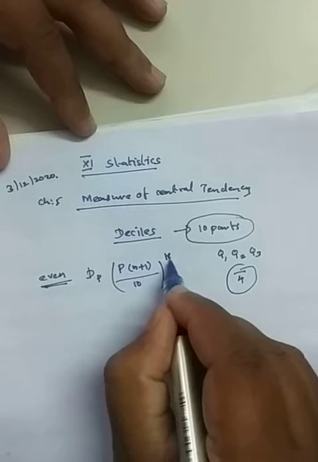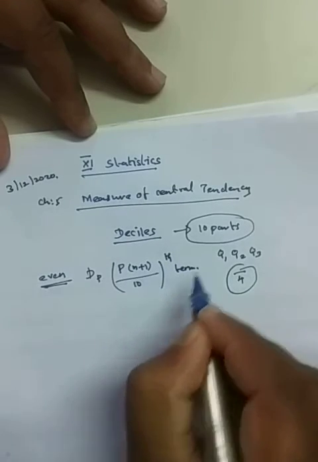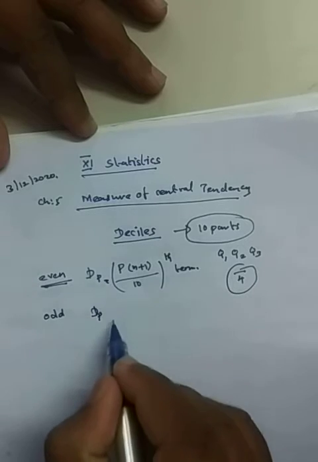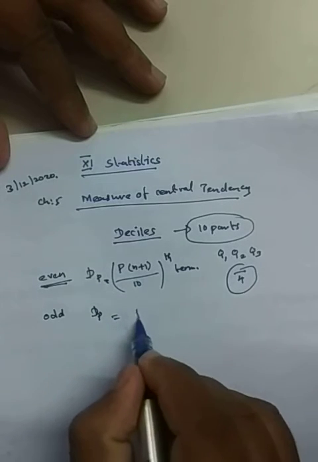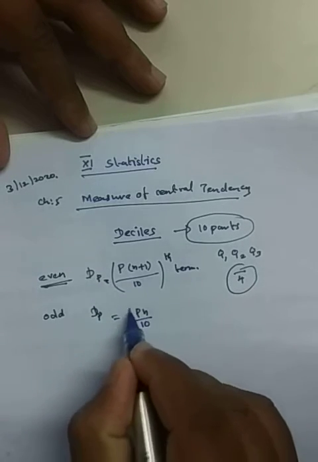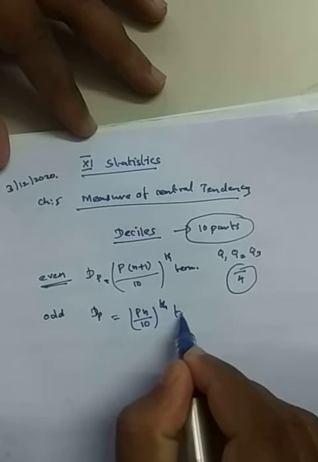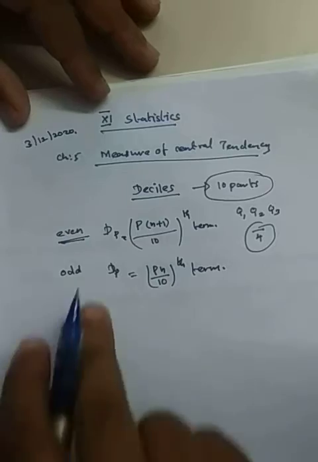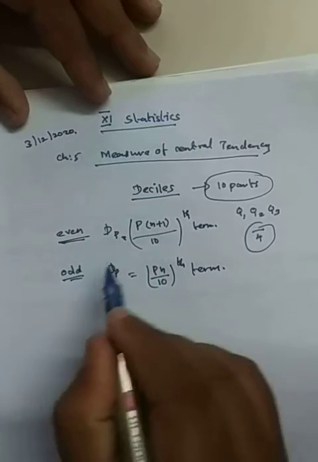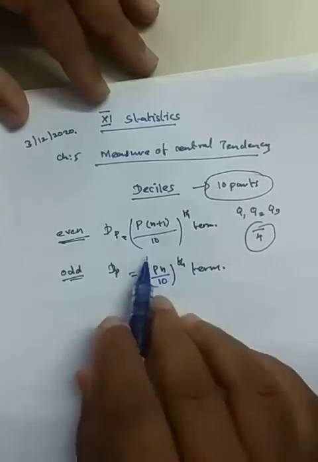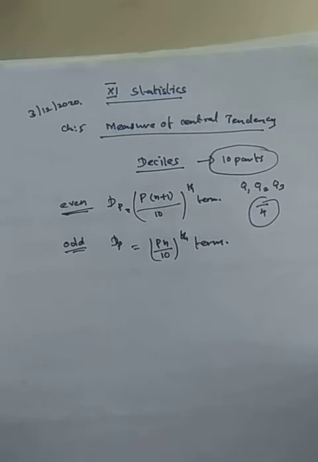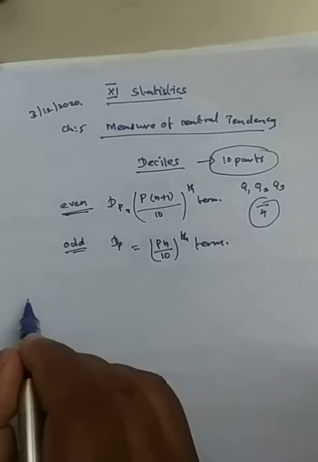If n is odd, then Dp is the p into n by 10th term. Keep that in mind. Let me see one example.